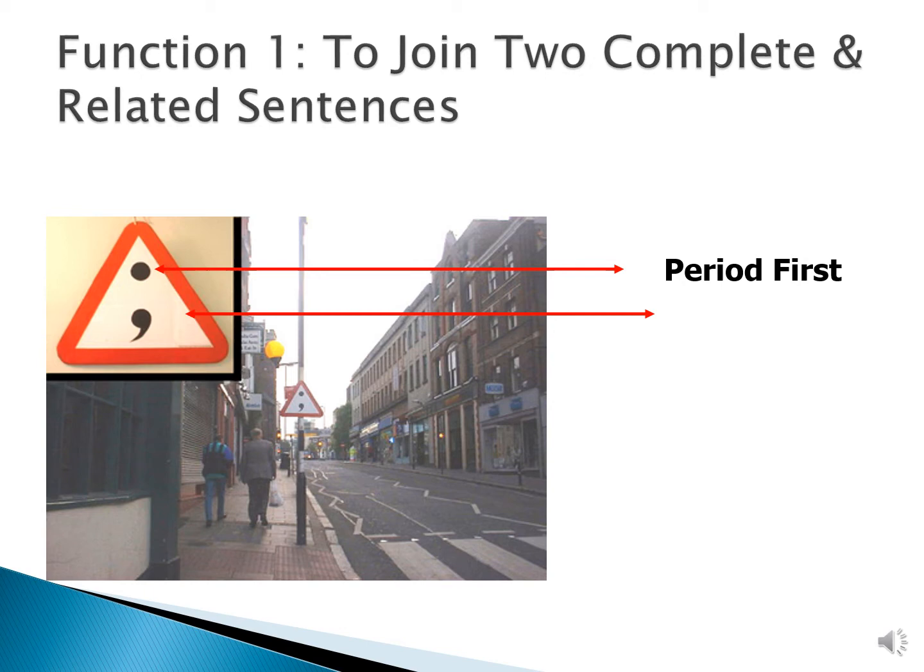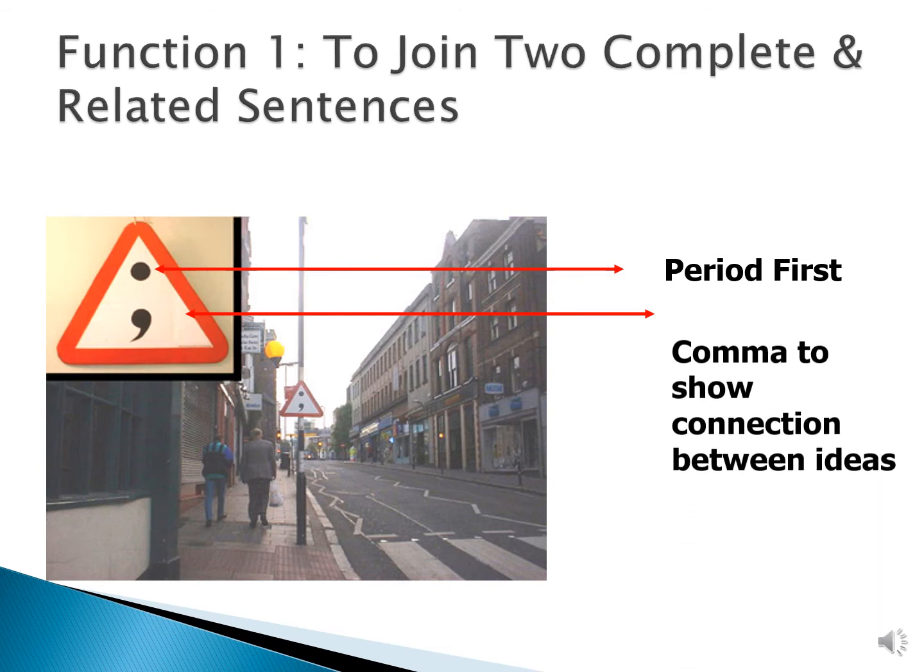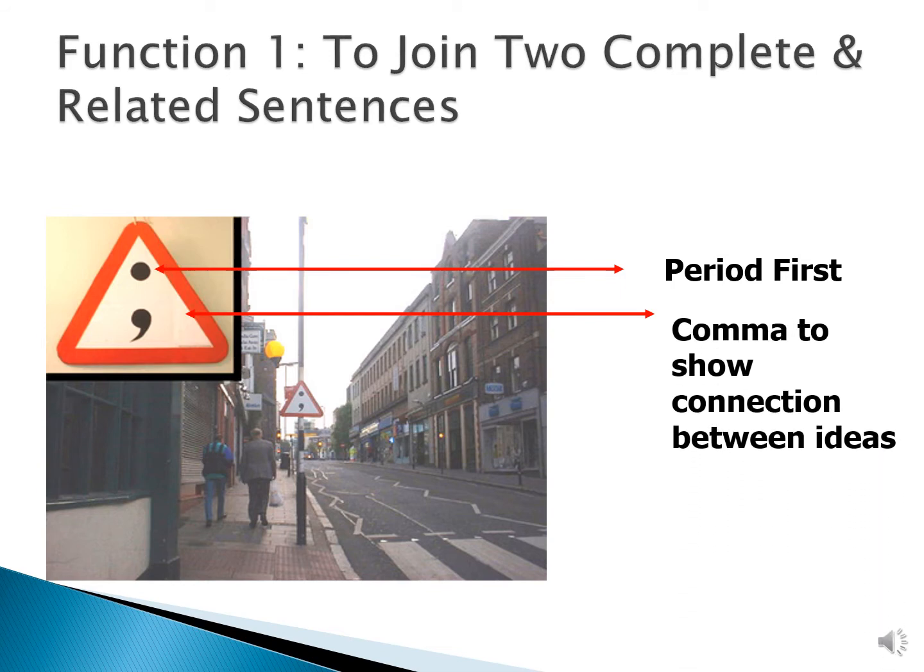So two complete and related sentences. And then the comma that comes underneath it is to designate that these have to be related ideas. So two sentences that you would rather do something more than put a period in between, because you want to show their relationship. You actually combine them into one sentence by using the semicolon, and you're doing that as a way of manipulating the way the writing is to be read, and again, to raise the elevation.